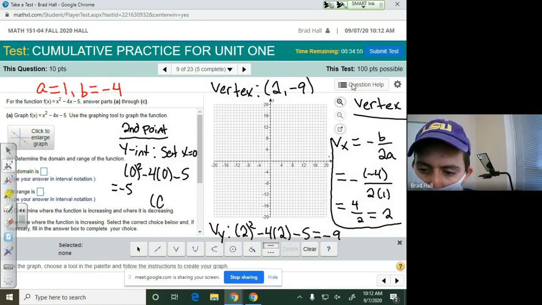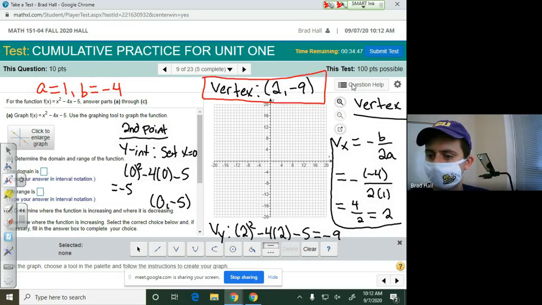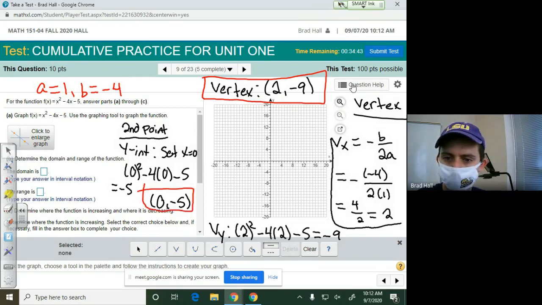And so we get (0, -5) for the second point. So now we have the vertex as the first point. We have the y-intercept as the second point. And now we can plot those two to get the graph.